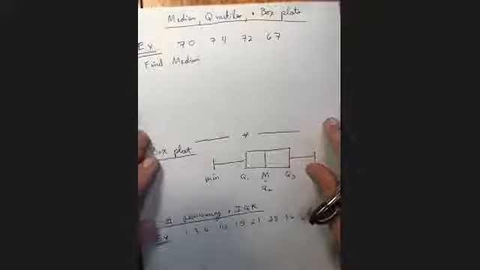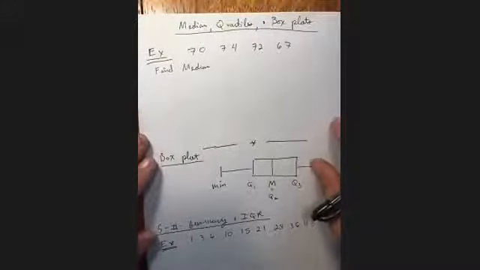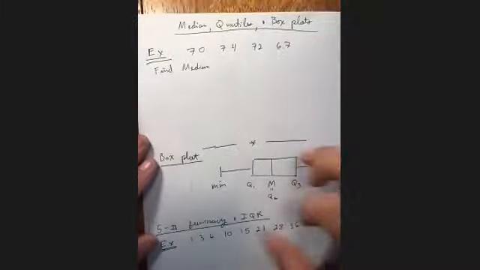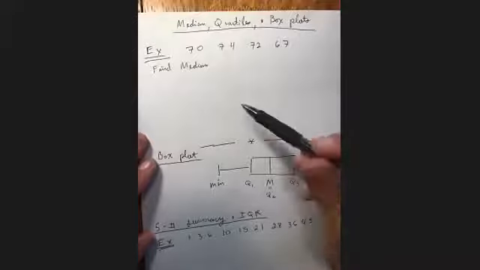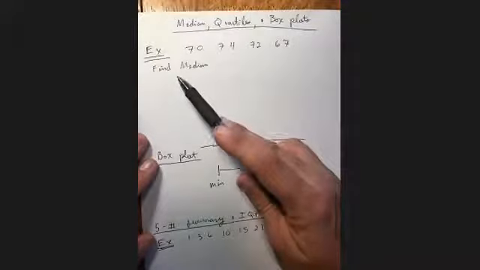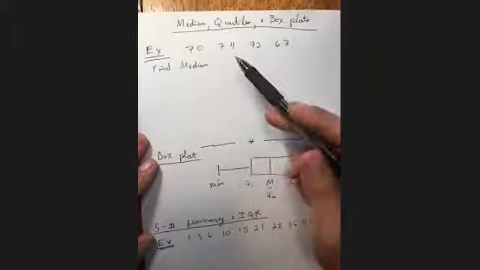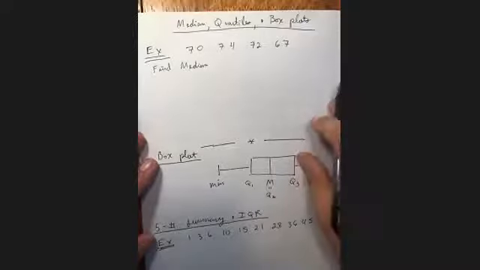So first, let's talk about what a median is. Now, all of what I'm about to talk about is generally only used to analyze quantitative data, so bear that in mind. Let's talk about the concept of a median, and I'll show you how to find the median for a sample data set.